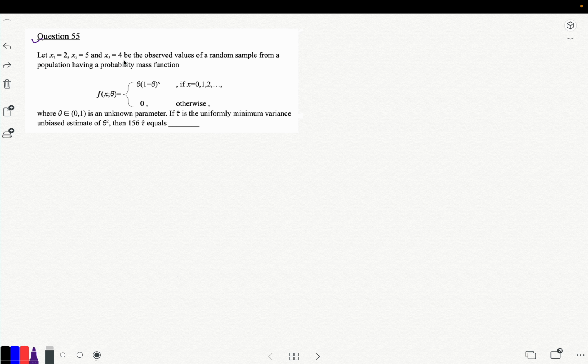Firstly, what is the given information in this question? We have given x1 which is 2, x2 which is 5, and x3 which is 4. And we have also given the probability mass function, f of x, which is theta times (1 minus theta) to the power x, for x equals 0, 1, 2, like this. Now if you remember, isn't this like a distribution?